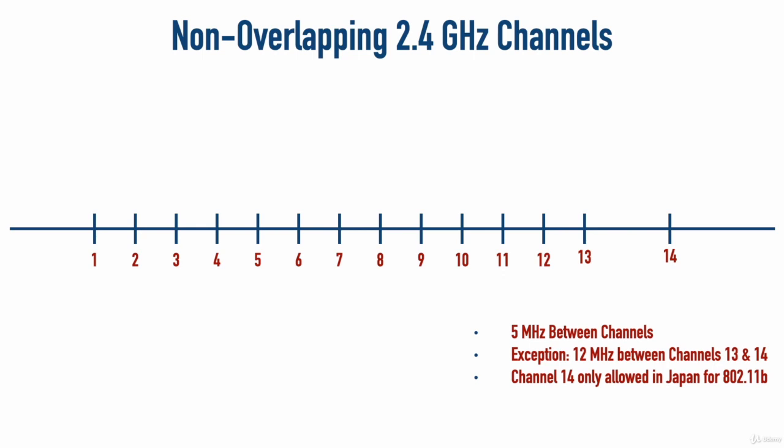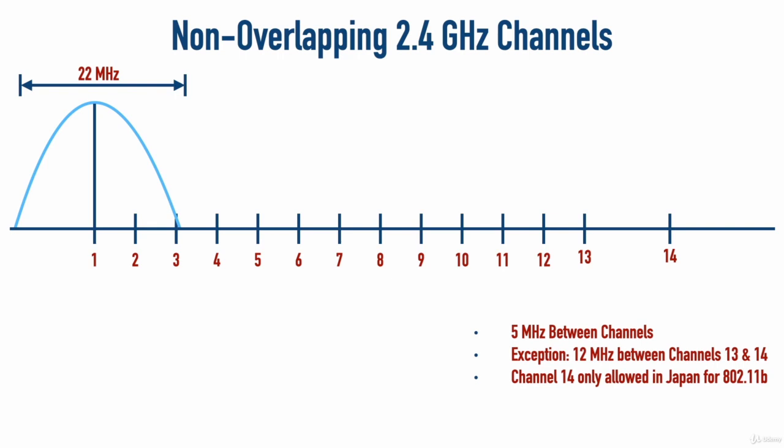When we say we want non-overlapping channels, we have to realize that when we say I'm using channel 1 or channel 5 or whatever, I'm actually centered on that channel. But the actual frequency range that I'm using spans 22 megahertz. So if I say I'm using channel 1, that's going to extend a little bit above channel 3. So we could not even have channels 1 and 3 active at one time without some interference.